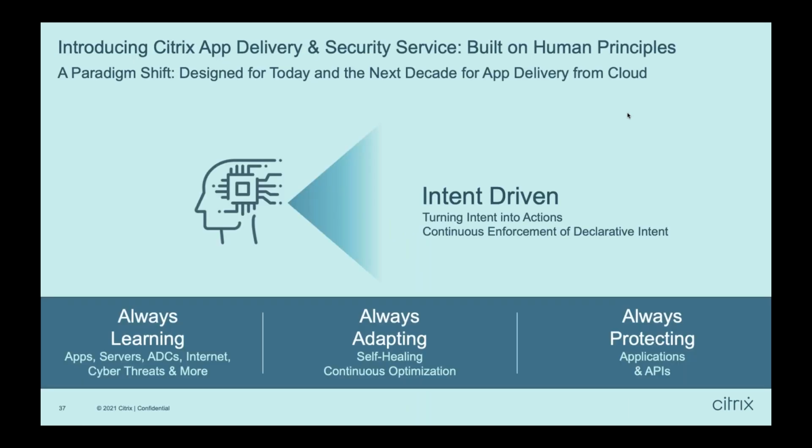So I've got a couple of things about what else is happening. I think that we had a short webinar on this last month, and that was the new application delivery and security service that we're launching, coming in January. And this will be a new way of deploying and maintaining application delivery infrastructure as we go forward.